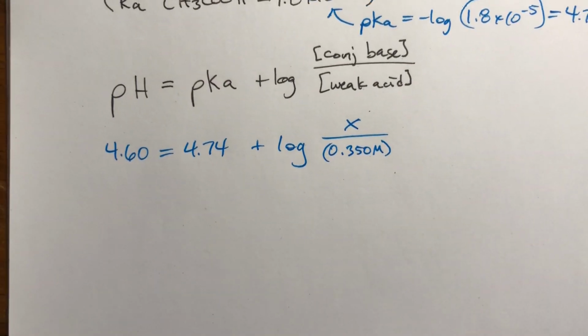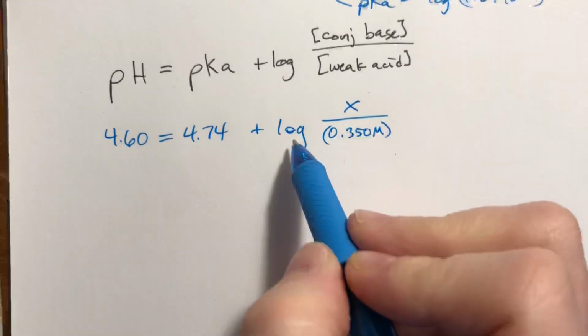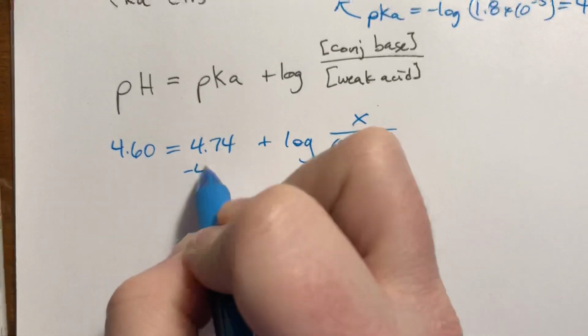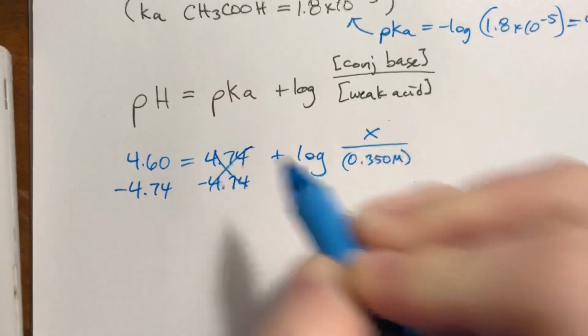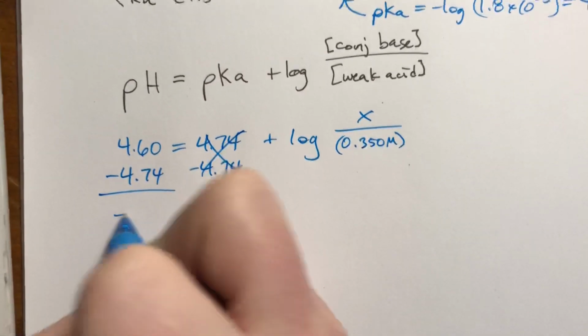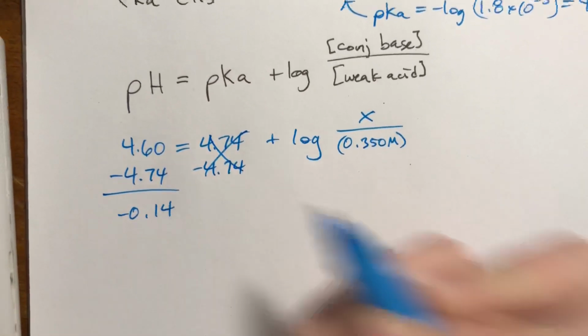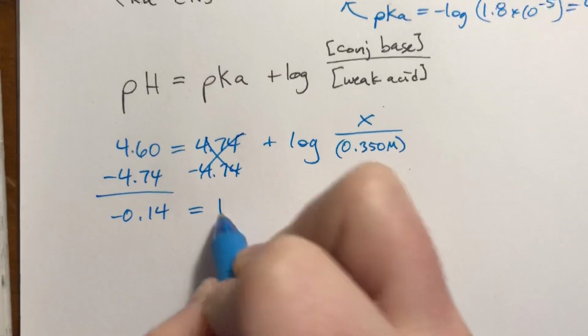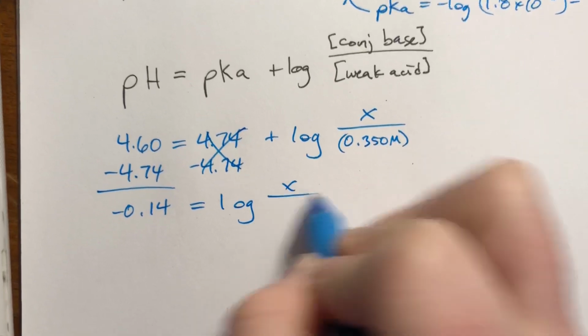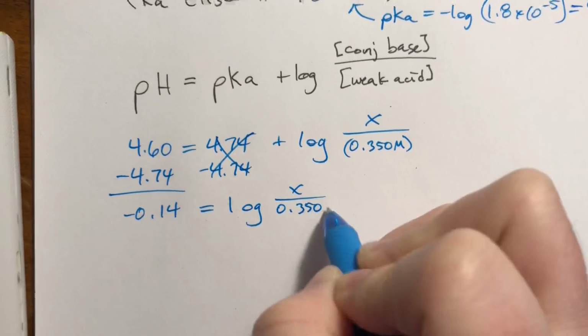Solve for X. We can't get rid of that logarithm yet, but we can subtract 4.74. This will disappear, and this comes out to negative 0.14. It's fine that it's negative, we'll figure it out. And that is equal to the log of X over 0.350.